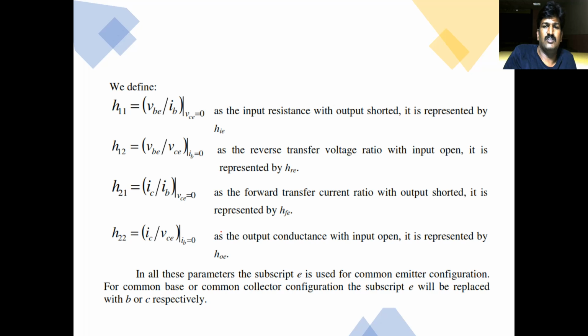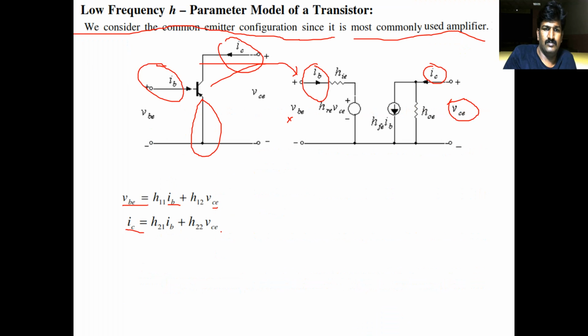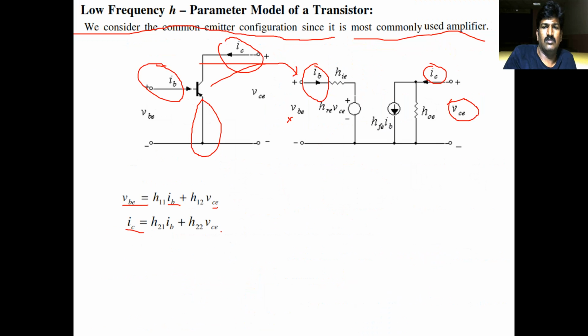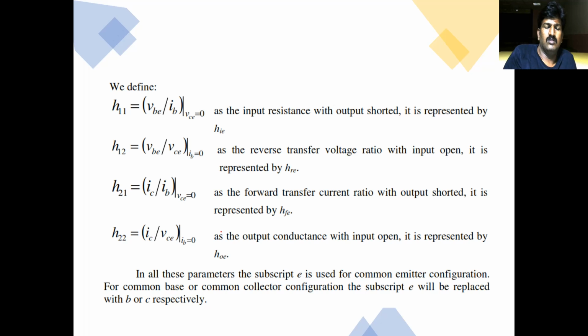It is the forward transfer current ratio when the output is shorted. Then H22 is equal to IC divided by VCE when IB is equal to 0. It is the output conductance where the input is open. It is represented as HOE.